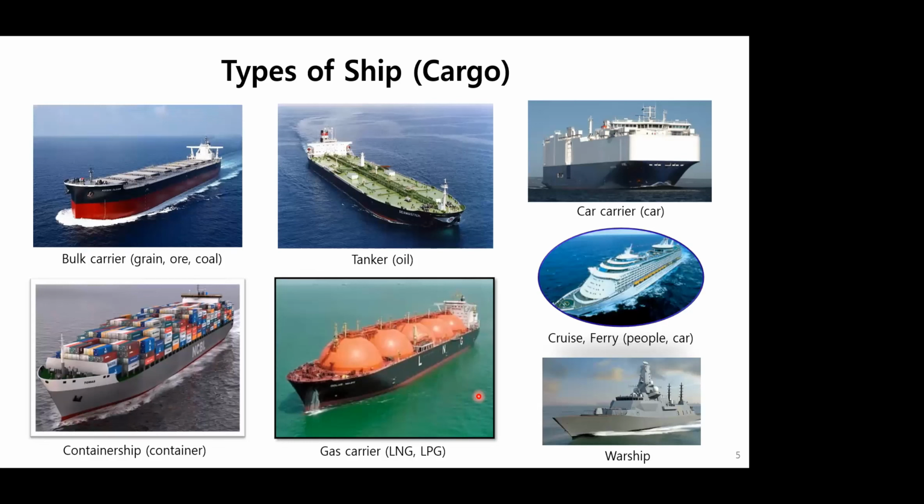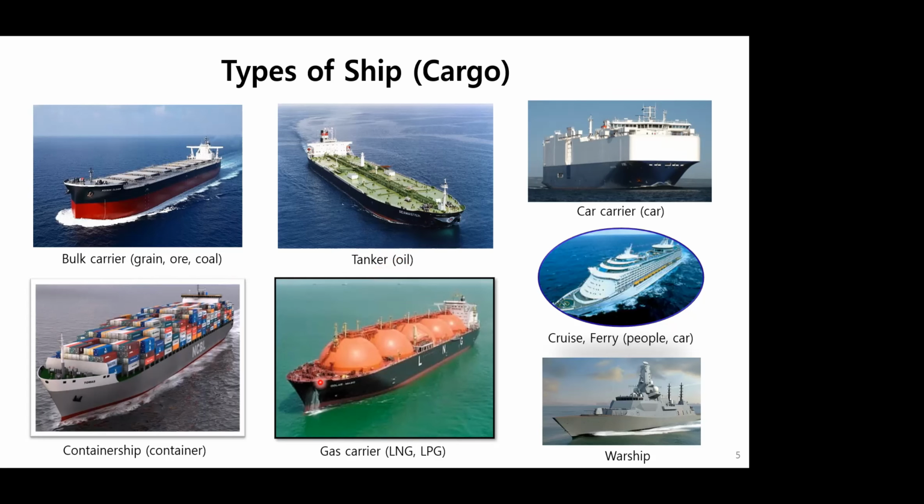Generally, the types of ships are classified according to the kind of cargo the ship carries. If it carries grain, ore, and coal, it's called a bulk carrier. If it carries oil, it's called a tanker.